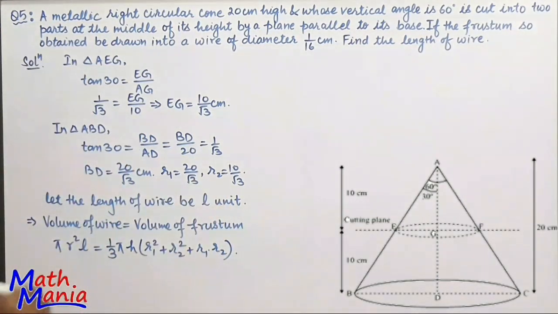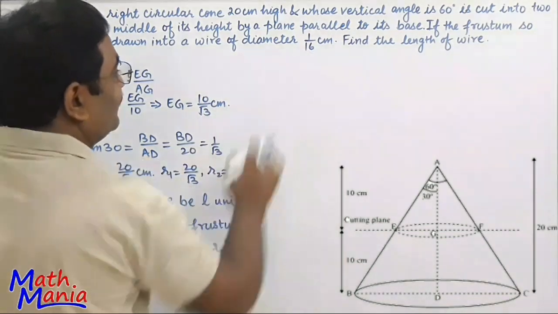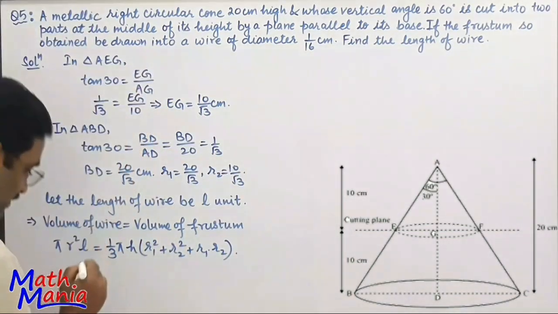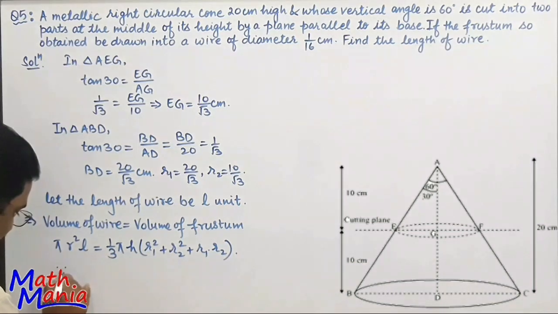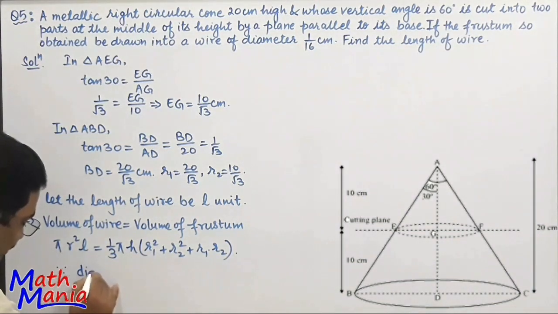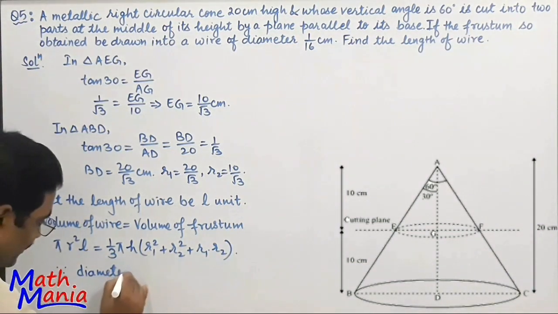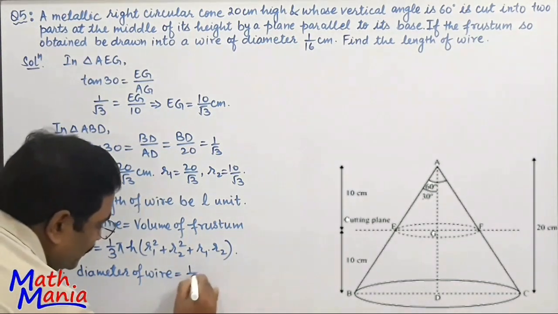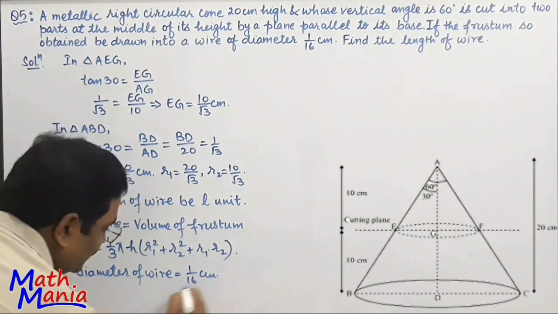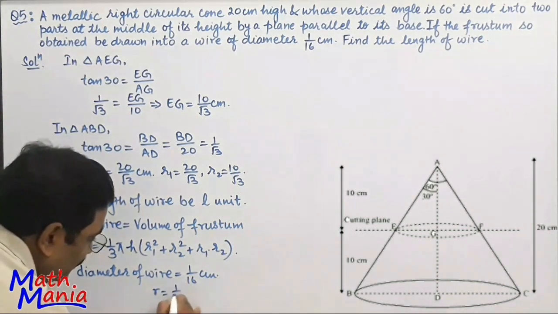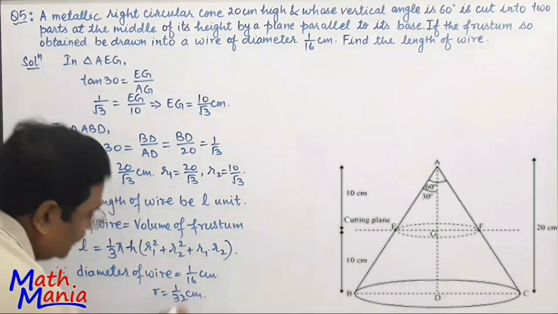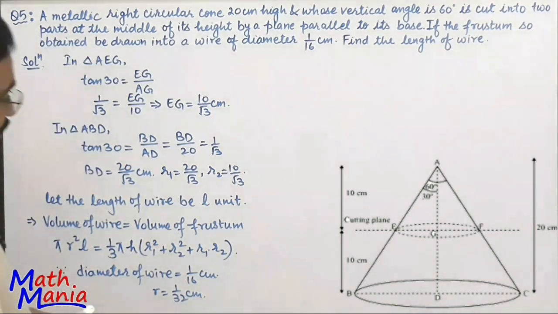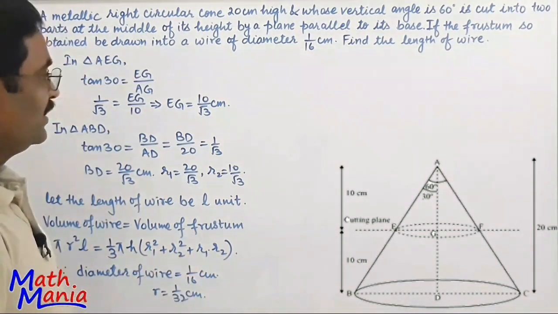Now we need to substitute the values. The diameter of the wire is given as 1 upon 16 centimeter, so radius will be 1 upon 32 centimeter. Now substitute these values in the formula.